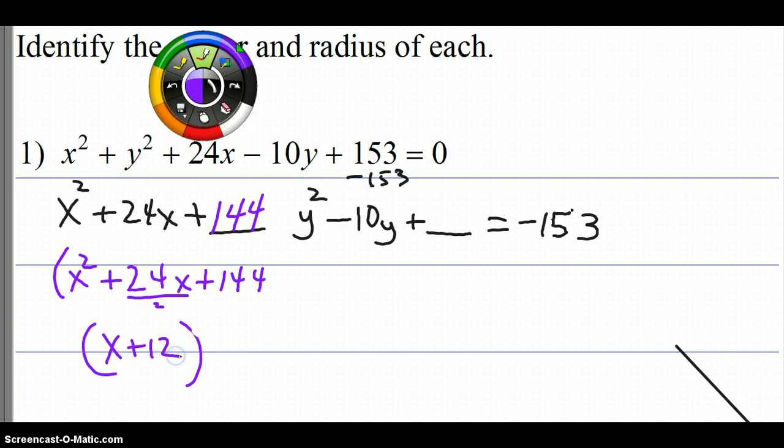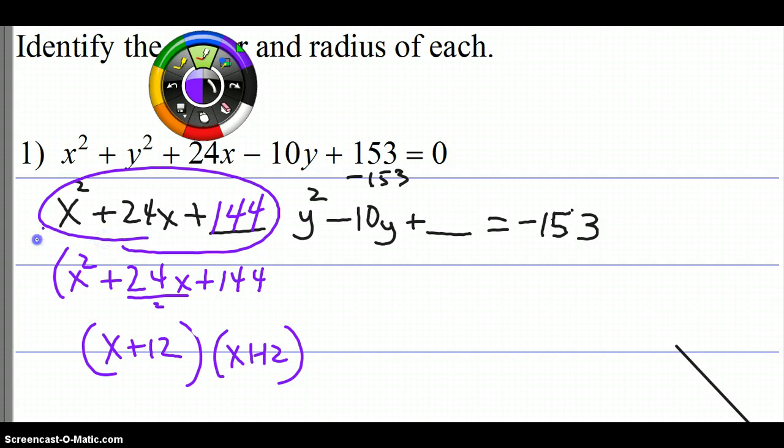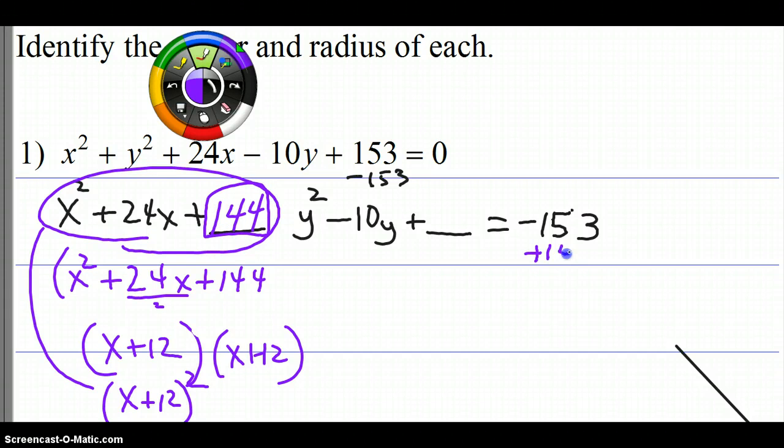Well, they're 12 and 12. And I've now rewritten this as a quantity, x plus 12 quantity squared. Now again, let's go back and look at the algebra. I can't just add 144 to this side without doing the exact same thing on the other side.